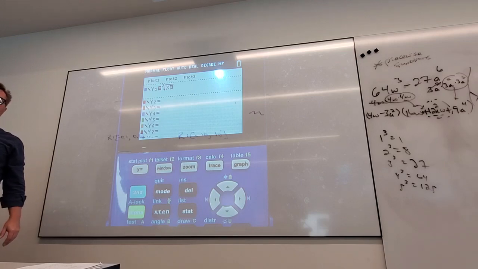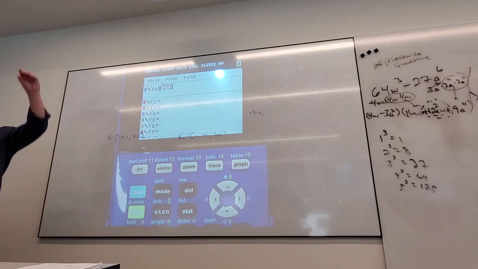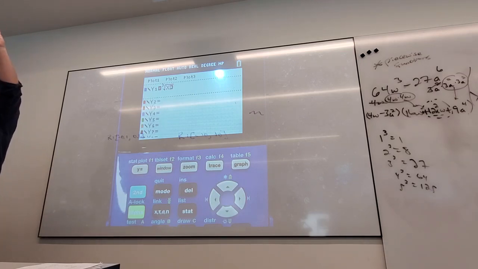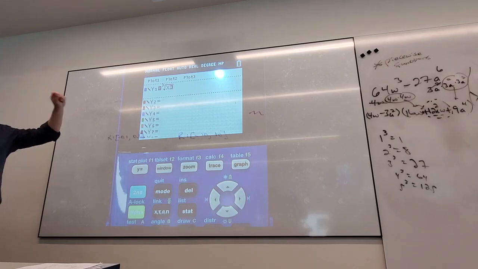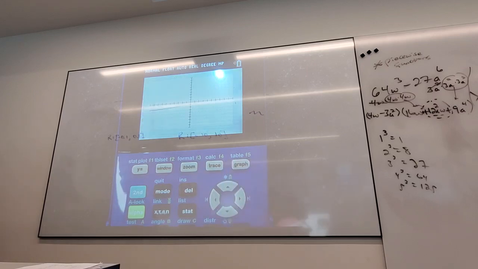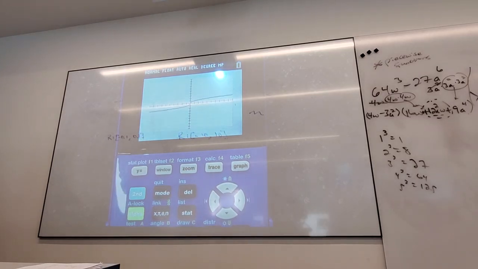So the math button, when you hit it, the very first thing is absolute value, right? Okay. So now, if I graph this, I have currently negative 10 to 10, negative 10 to 10. So if you hit zoom 6, that's the standard window. We should all have the same picture.